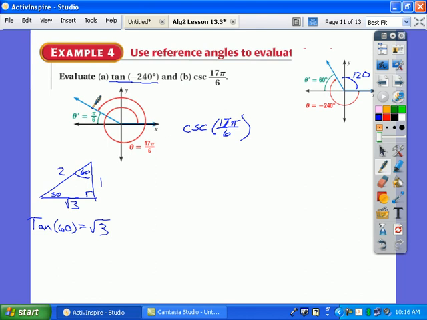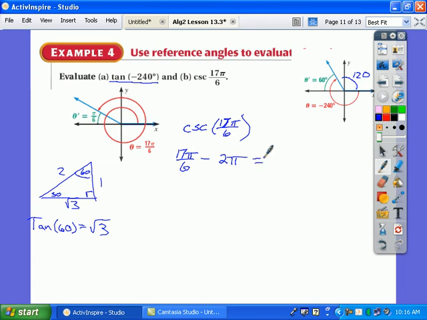To subtract here, I need a common denominator, which will be 6. So 17 pi over 6 minus 12 pi over 6 is 5 pi over 6.